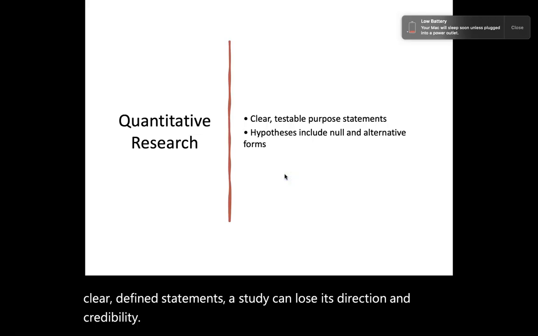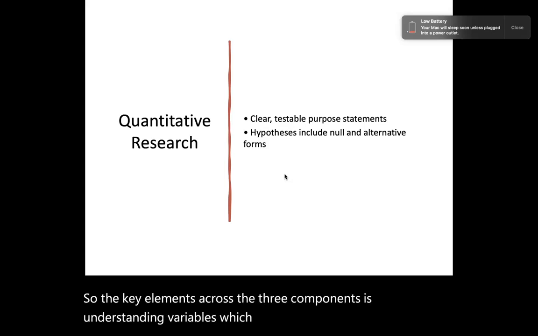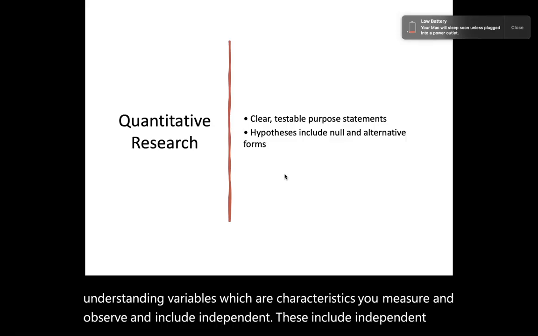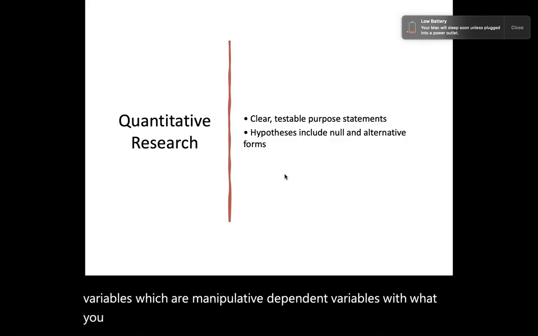So the key element across the three components is understanding variables, which are characteristics you measure and observe. These include independent variables, which are manipulated; dependent variables, which are what you measure; and control variables, which are what you account for.